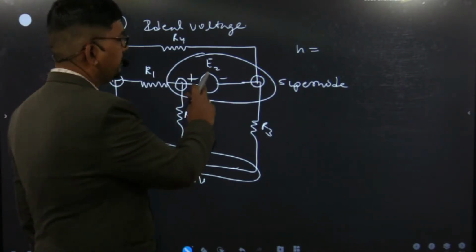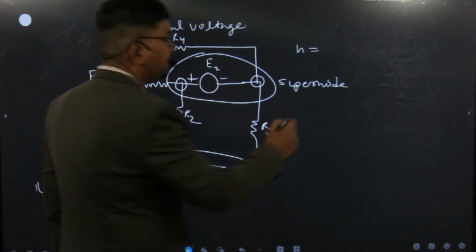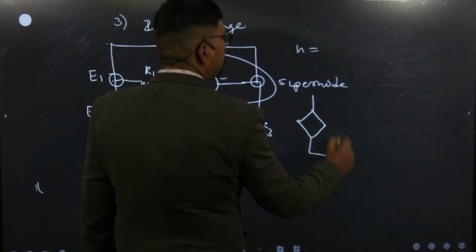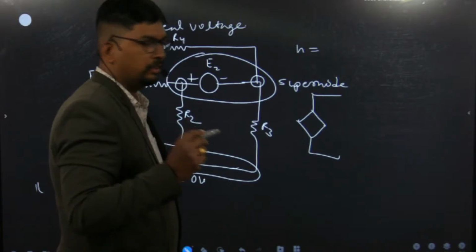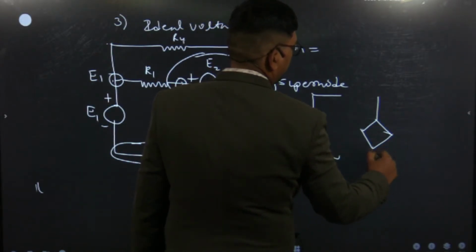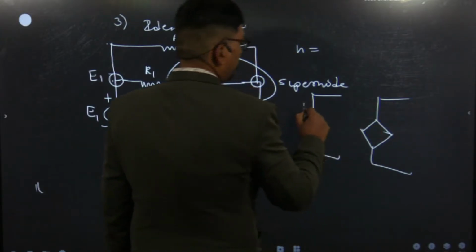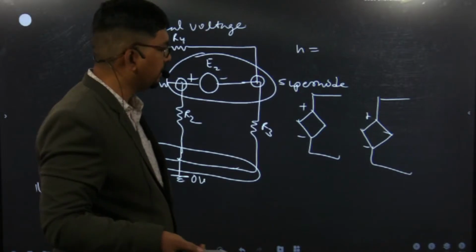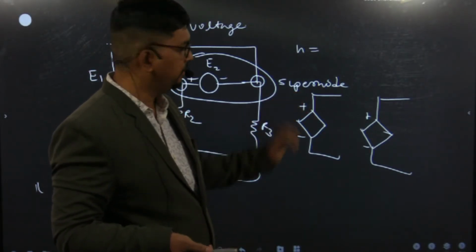Now in place of this independent source there may be a dependent source also present, and this is the symbol of the dependent source. Suppose a dependent voltage source, with this plus minus, which may be outside or maybe inside.